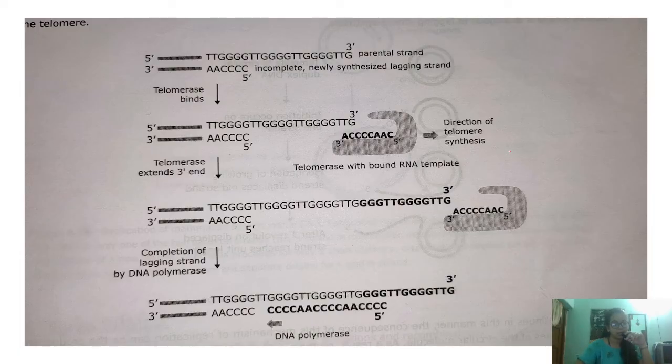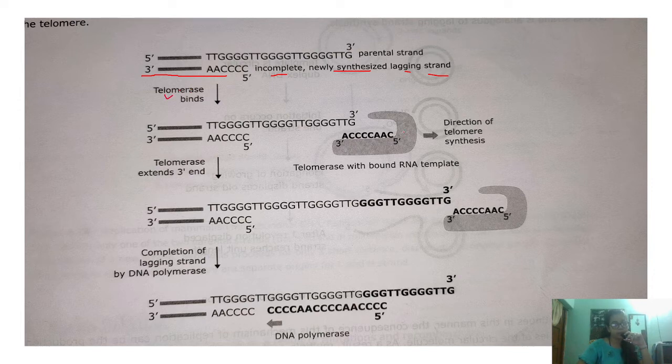Let's see. So this is the parental strand. As I was telling you, this is the parental strand from 5 prime to 3 prime direction, and it is complete. Next is the 3 prime to 5 prime parental strand. See here, this 3 prime to 5 prime strand is incomplete, the newly synthesized lagging strand, because it is half complete. Next, what happened? The telomerase enzyme will bind.